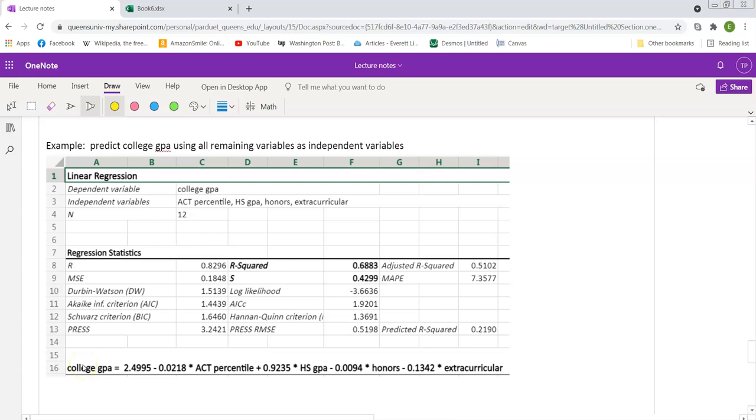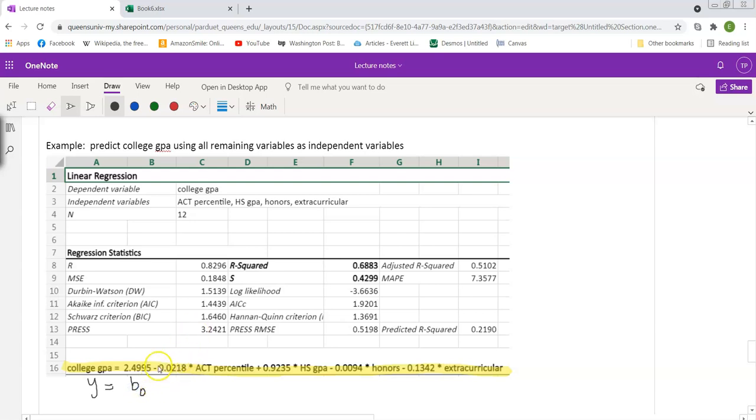This equation here is our regression equation. College GPA equals 2.4995. So this is our Y equals 2.4995, which is our B0.